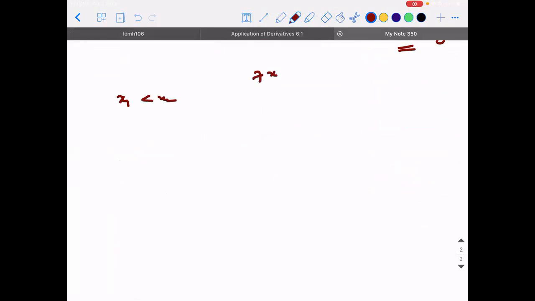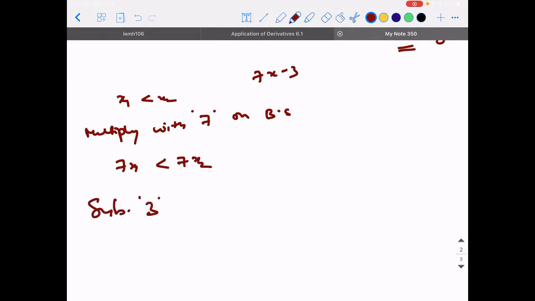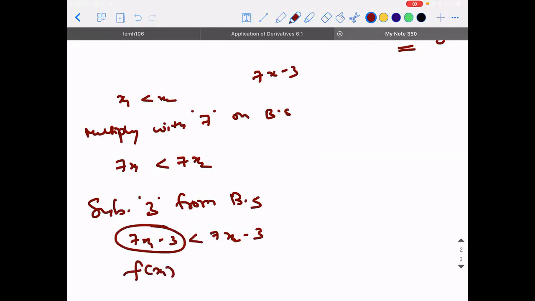The function is 7x minus 3, right? So multiply with 7 on both sides. What will you get? 7x1 is less than 7x2. Subtract 3 from both sides. You will get 7x1 minus 3 is less than 7x2 minus 3. So what can you conclude, guys? This is f of x1, this is f of x2.